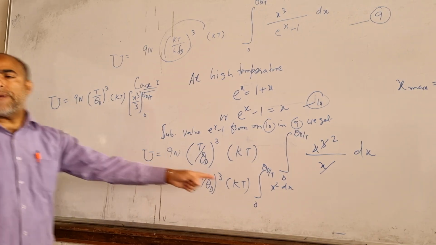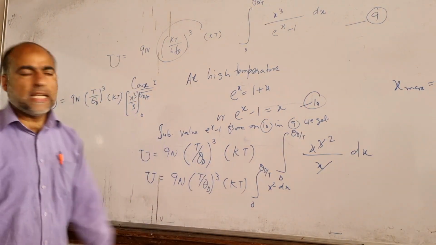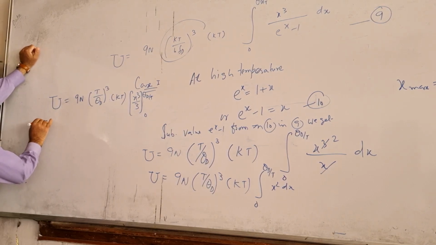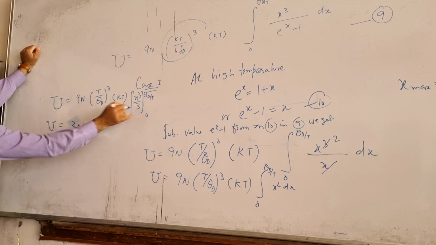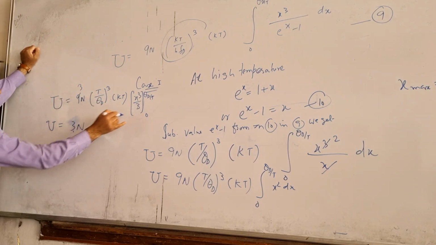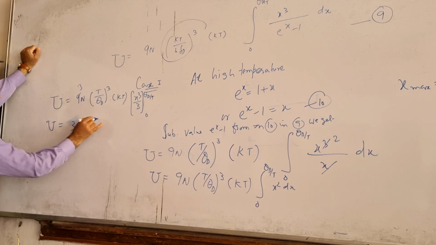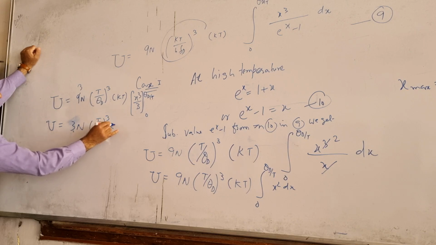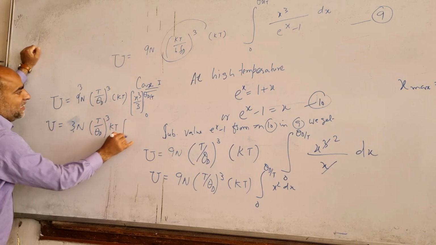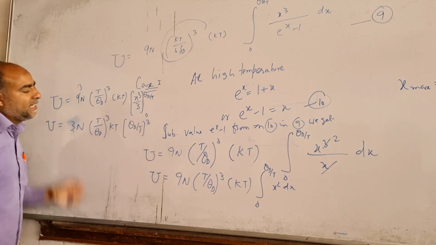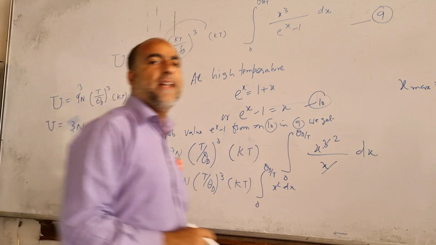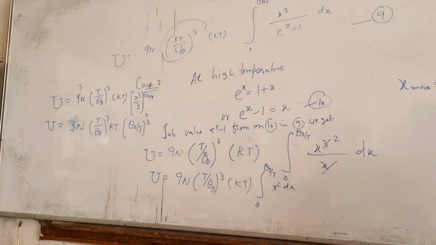This is the integration of x square dx, which is x cube by 3. So your total energy U is equal to 9n, and it will be 3n because this 3 and this 9 cancel. You will have T by theta D whole cube, kT, and theta D by T whole cube. Are you following the steps?